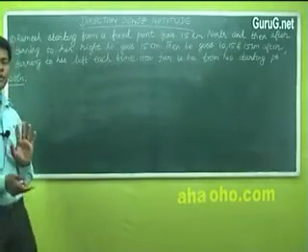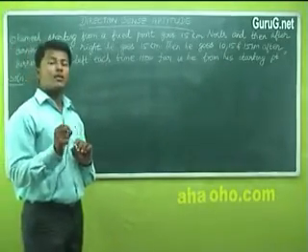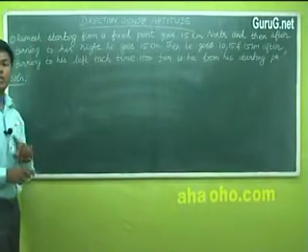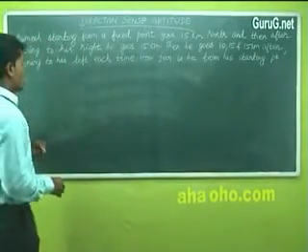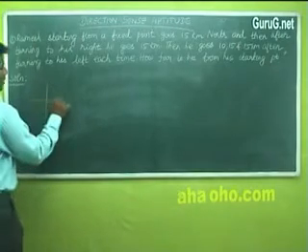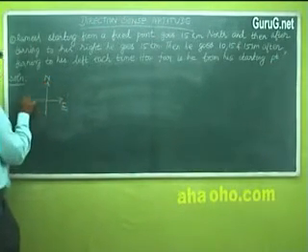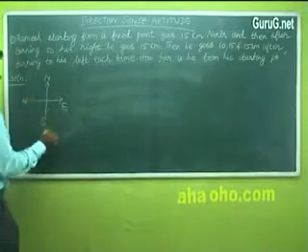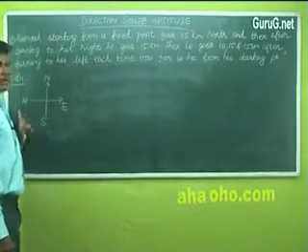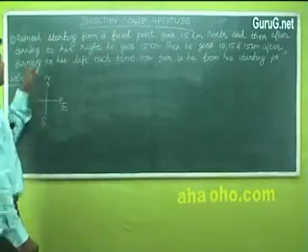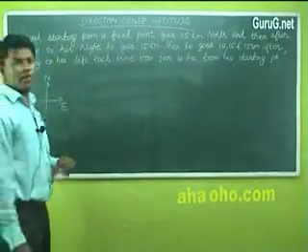The first step in solving a direction sense question, as we have learned, is to understand the directions properly. So the first thing you should do is mark the directions: north, east, west, south. These directions do not change. Now, Ramesh is starting from a fixed point.